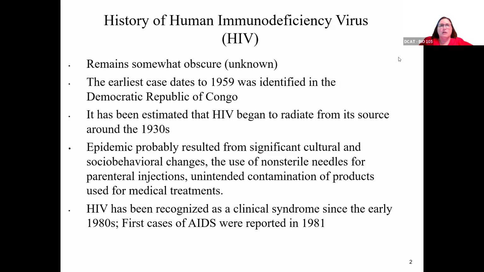There were still a lot of men who were homosexual and were not open about it, and so they would be having unprotected sex with other men without using protection. This is another belief of why it started spreading so quickly.